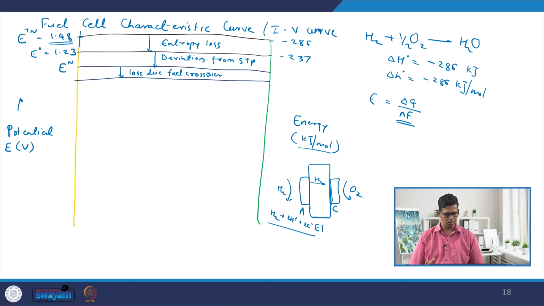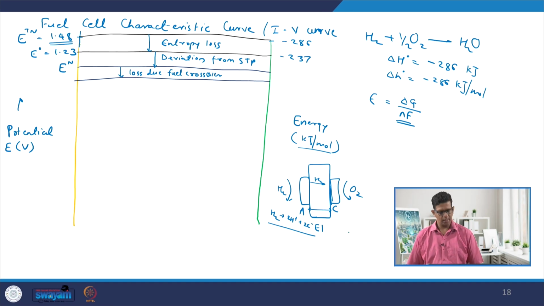It can be completely minimized to 0 if we increase the thickness of the electrolyte. So, theoretically, if you have infinite thickness of the electrolyte, or considerable thickness of the electrolyte, we can completely nullify this crossover loss.